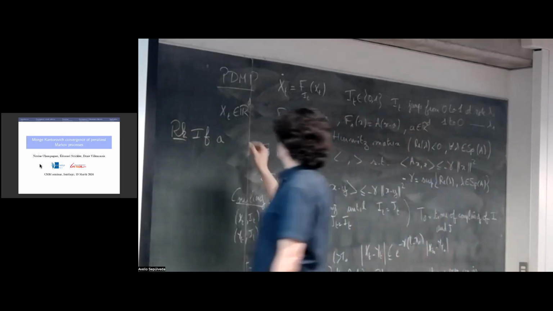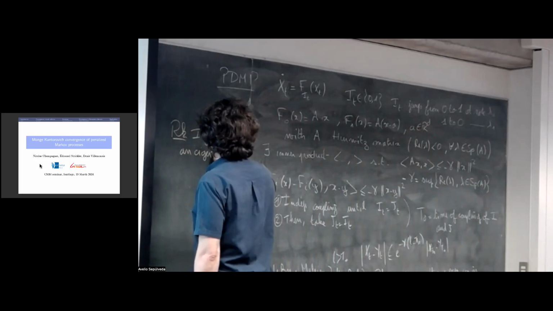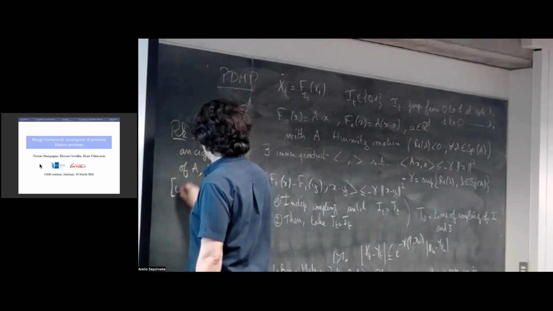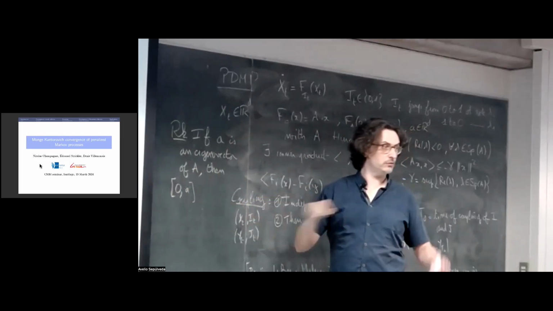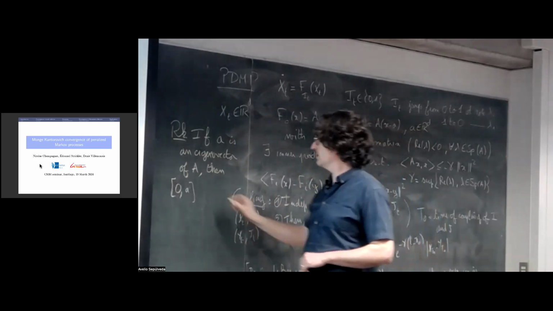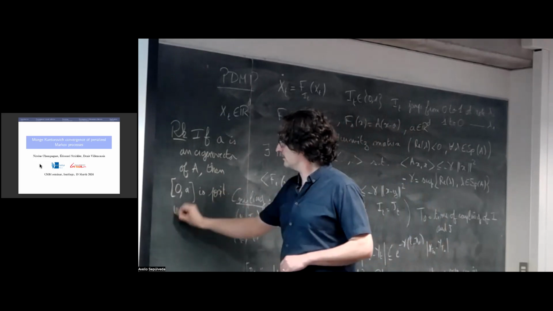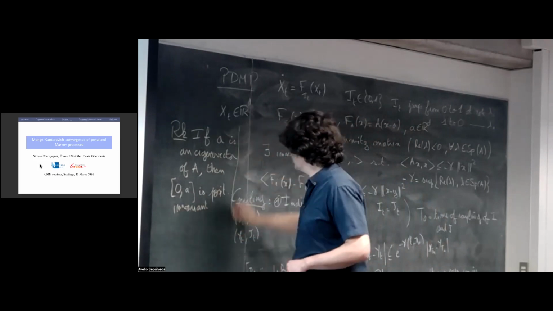If a is an eigenvector of A, then the interval [0, a], so it's in R^d, right? So I mean the segment between the two vectors 0 and a is positively invariant for the process. So this is really easy to check.